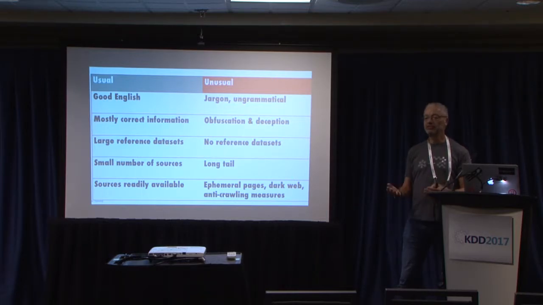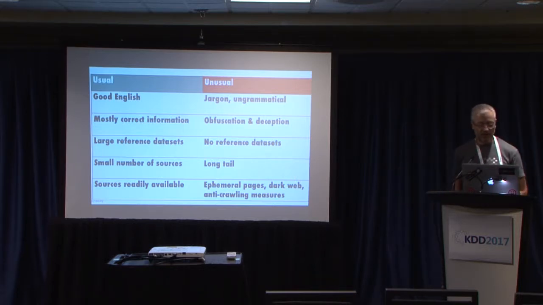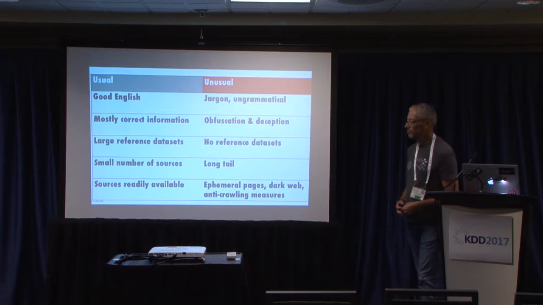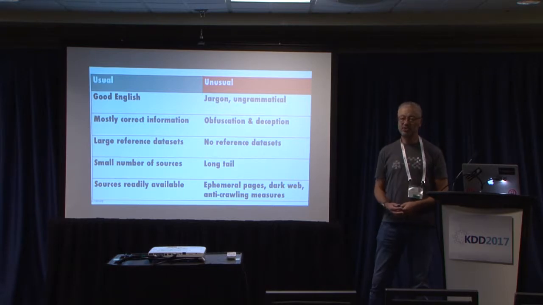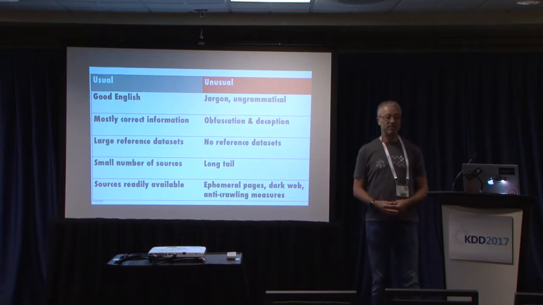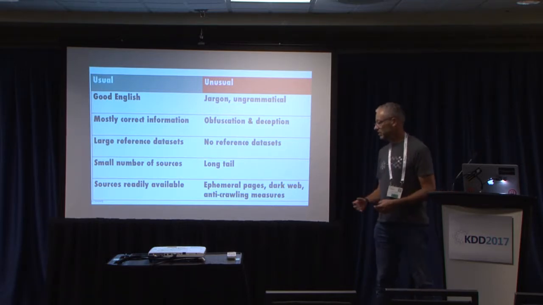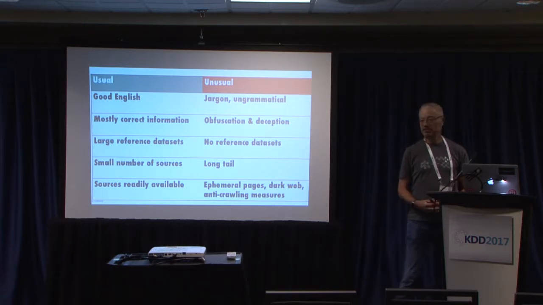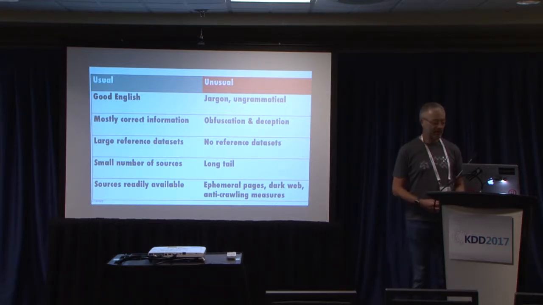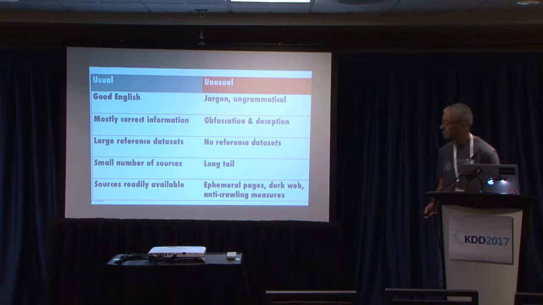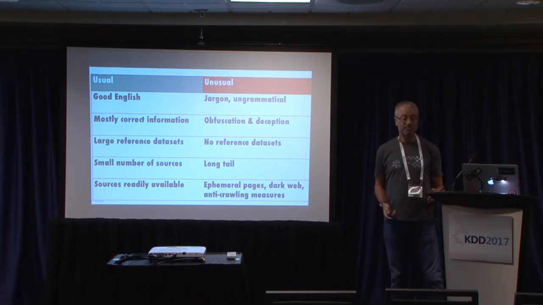There are probably tens of thousands of escort websites that have not one escort, but harder to get. Pages may be ephemeral. They might be in the dark web, and they might actually be in websites with fairly sophisticated anti-crawling measures. I mean, CAPTCHAs being a very simple case of that.